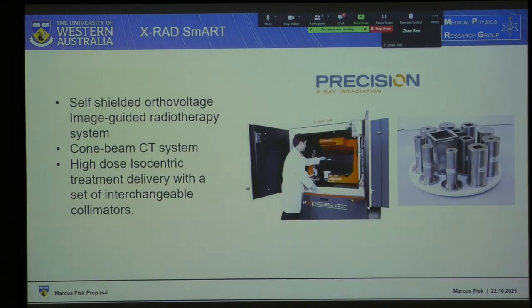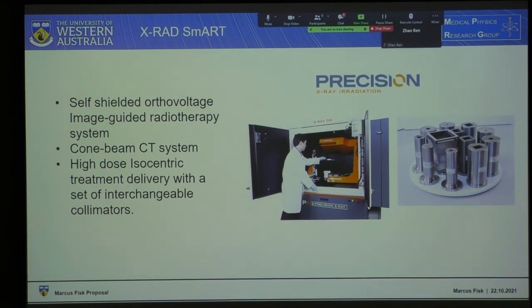So the XRAD Smart is the machine we have at the Telethon Kids Institute, and it's what we're going to be using. It's a self-shielded orthovoltage image-guided radiotherapy system. It has a 360-degree rotating gantry, and an inbuilt cone beam CT system used for accurate tumor positioning.